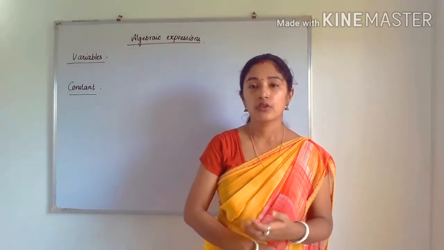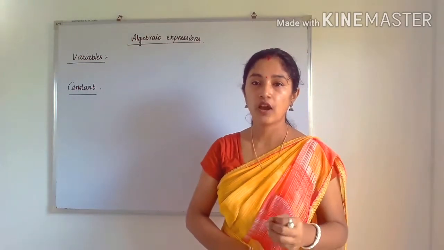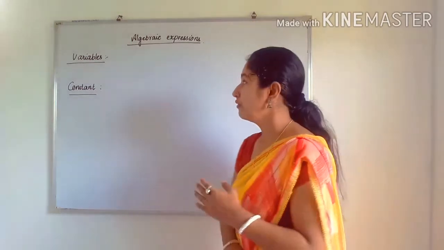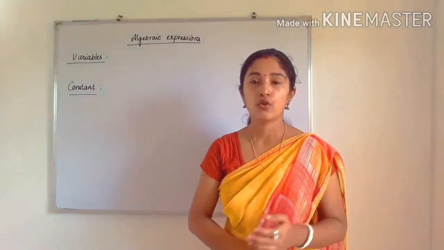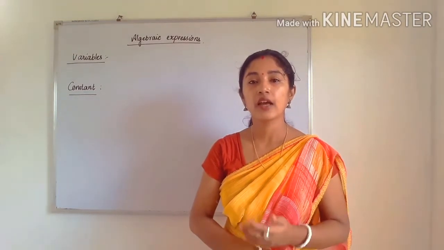Okay, so see here, in algebraic expression the two most important things which we have to study first are variables and constants. So what are variables? Variables are the alphabets which can take any values.